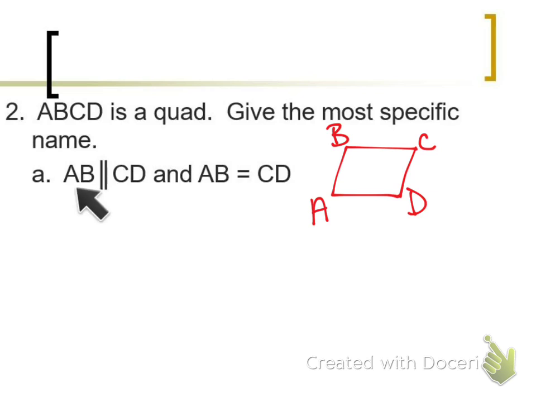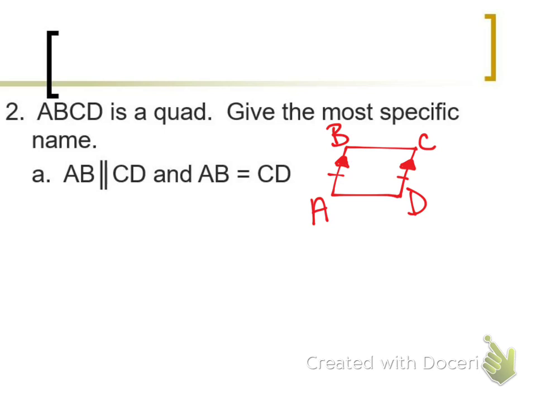Label it A, B, C, and D, and then mark what they tell us. So we know that AB is, what does this symbol mean? Parallel to CD. So we can put the little triangles on it. Those 2 sides are parallel. We also know that AB is equal to, or we could say congruent to CD. Okay, so we have to decide if this is going to be one of our specific types of quadrilaterals. And this is actually the situation that I think we've worked with the least so far.